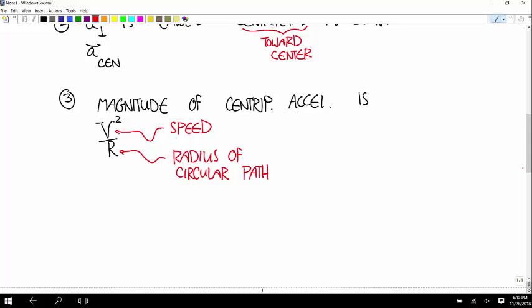Now we make the circle half as big. So you're still going 20 meters per second, but around a much tighter circle. Does that make you accelerate more or less? More. So we made the radius smaller, and the effect was making the acceleration greater.